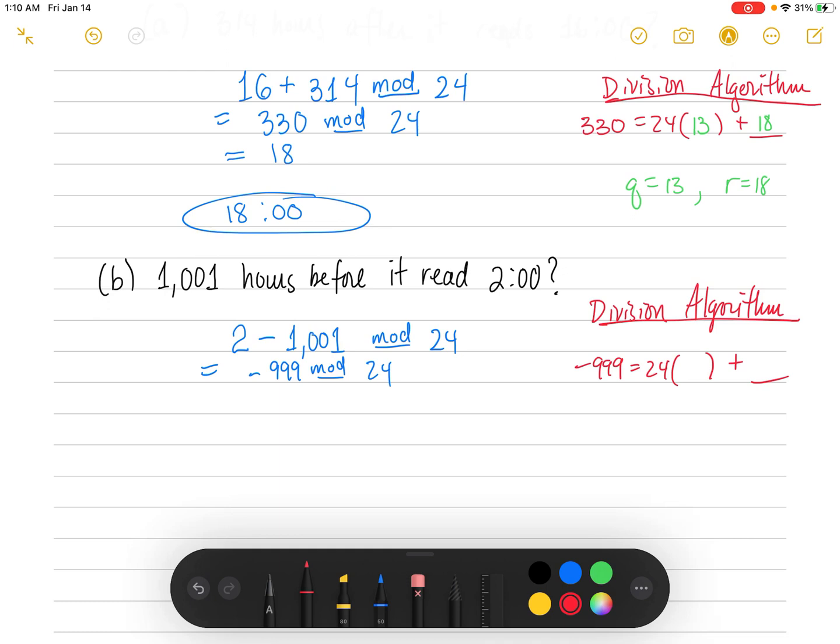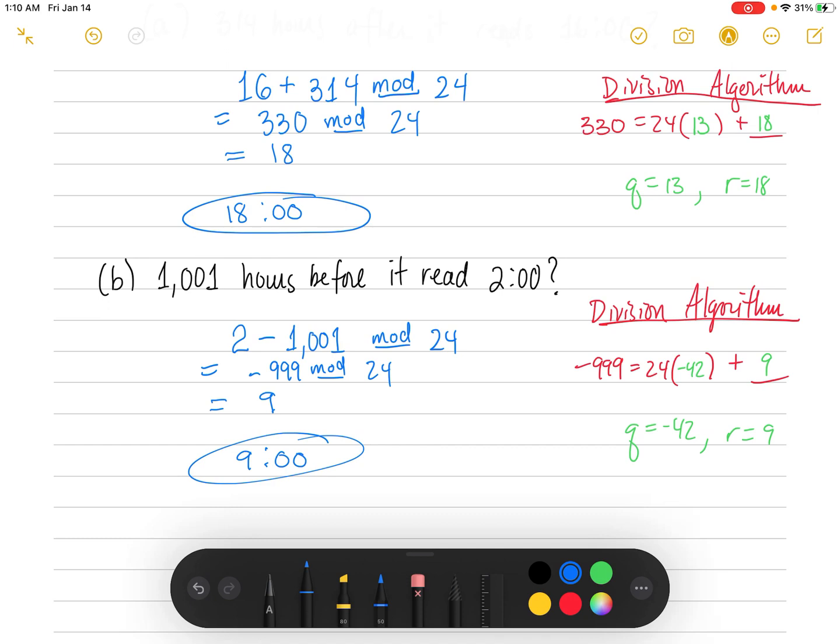You get about negative 41.65. Let's use the floor function to get negative 42. So the quotient is negative 42, and the remainder is negative 999 plus 24 times positive 42. I get a remainder of 9 here. So my answer is going to be 9, or you could say 9 o'clock.